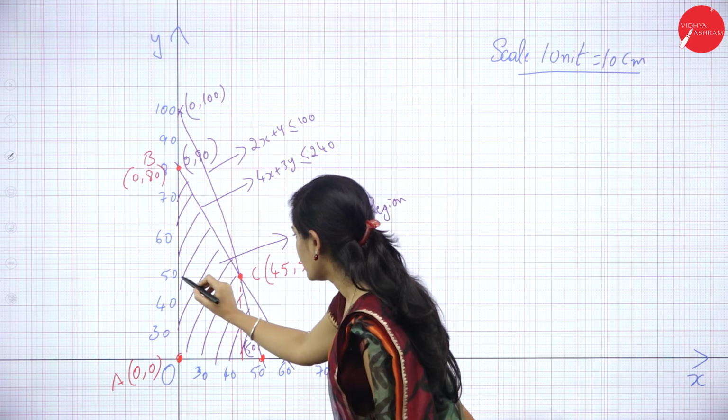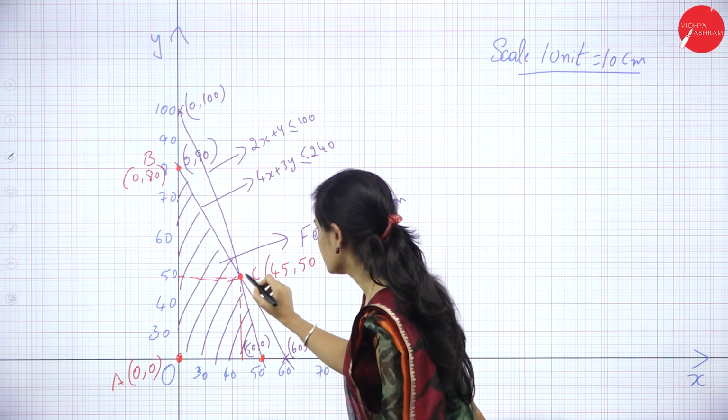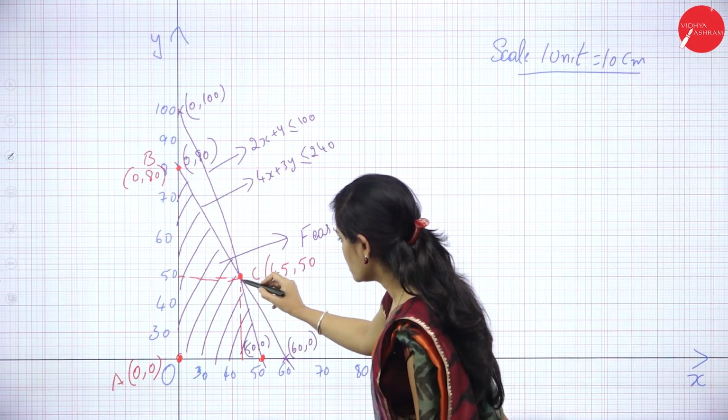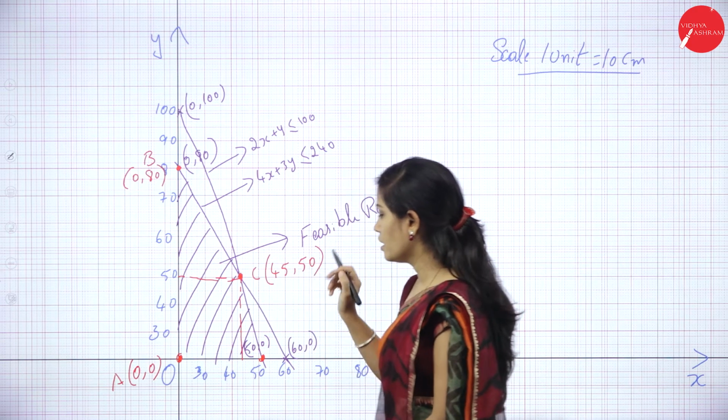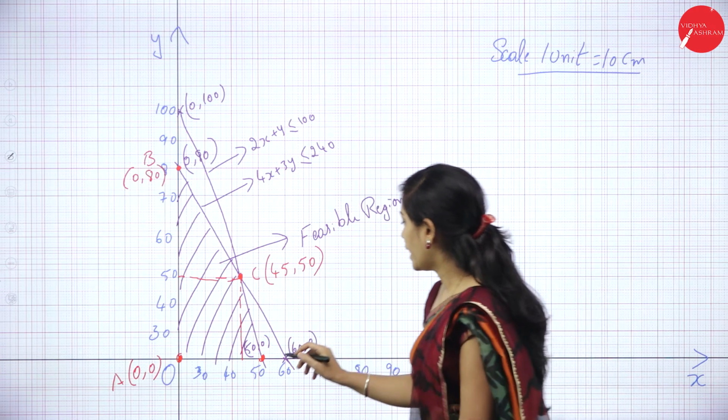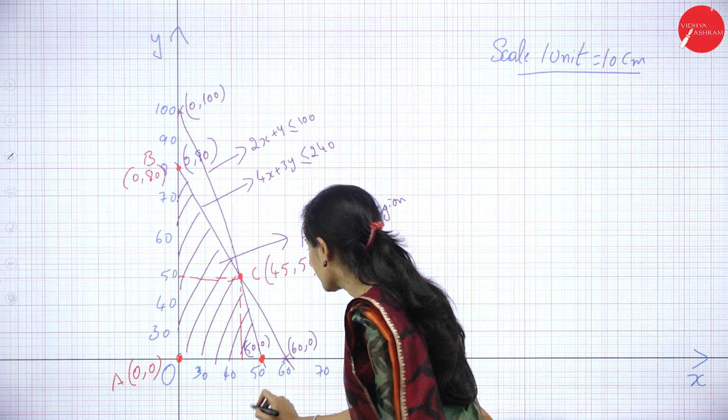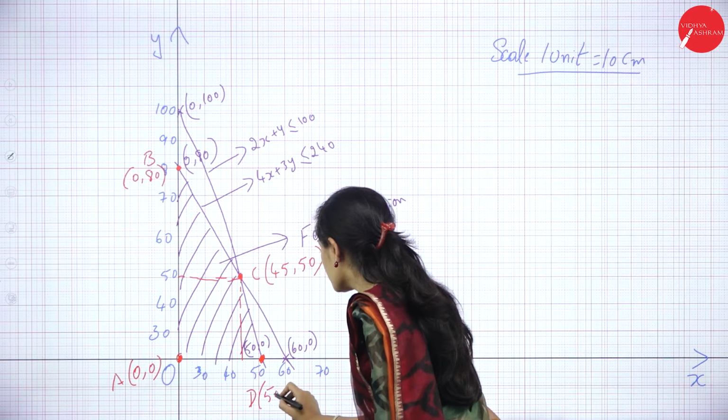So this point and this point, we got a feasible region. So C is (45, 50) and D is (50, 0).